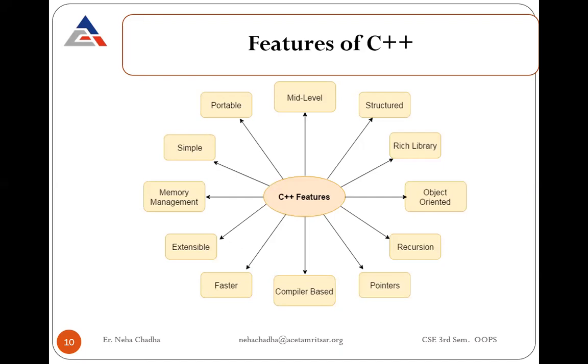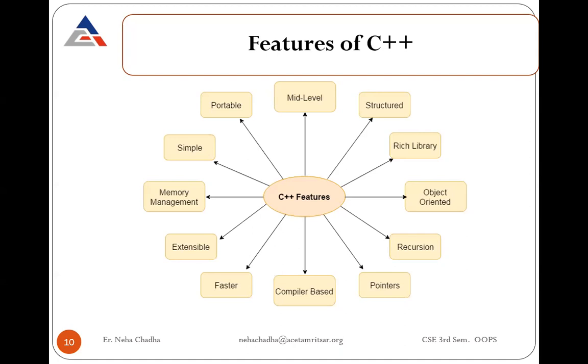Then comes the portable. The second feature is portable. Portable means like assembly language, C program can be executed in many machines. As when the portable word was there in assembly language and machine level language, I said you can transfer your program from one machine to the another. C++ is having this feature that you can port your one program or your one code from one machine to the another.